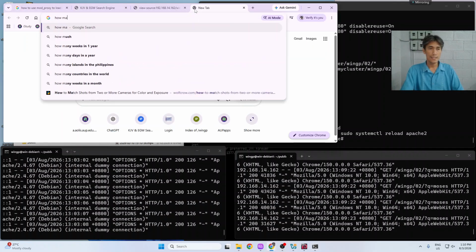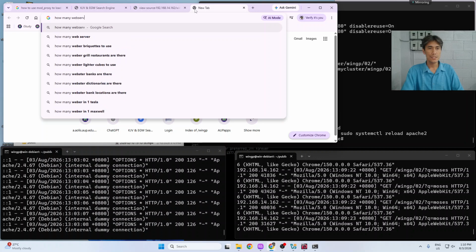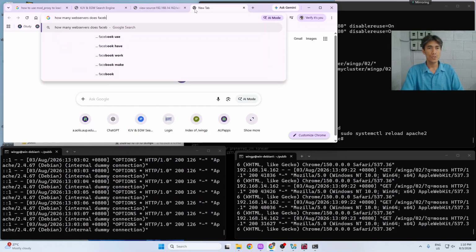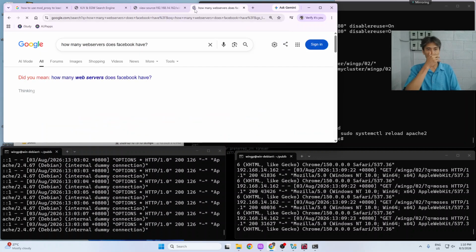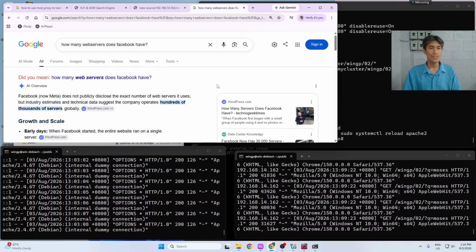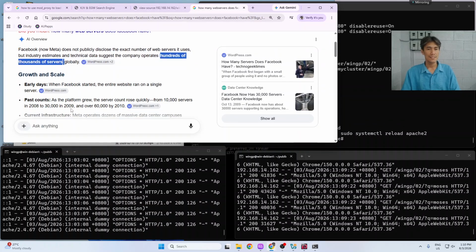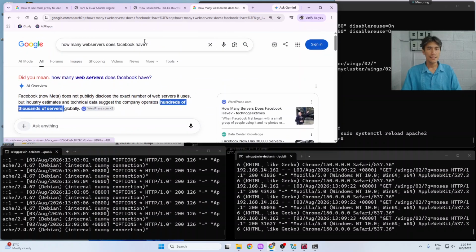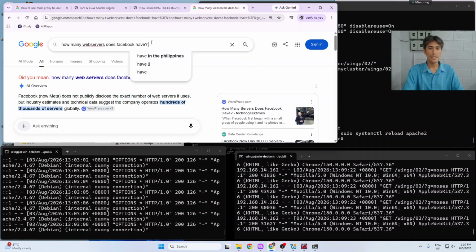How many web servers does Facebook have? You know how many? Of course, they didn't say, but it operates hundreds of thousands of servers. See? Do they use load balancers?